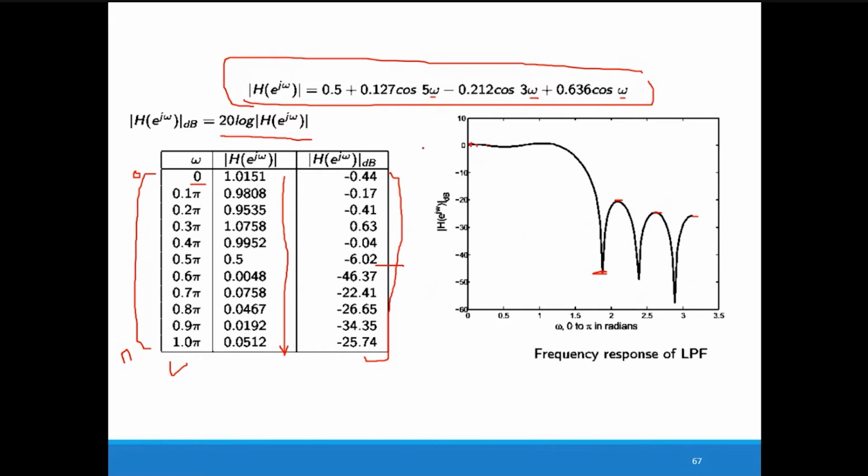First you have to obtain h(n), then apply the function. When your filter is symmetric and M has an odd value, obtain H(e^jomega), then apply the modulus of that and convert it into dB, and then you are able to obtain the frequency response, or you can say the magnitude response, of this low pass filter.